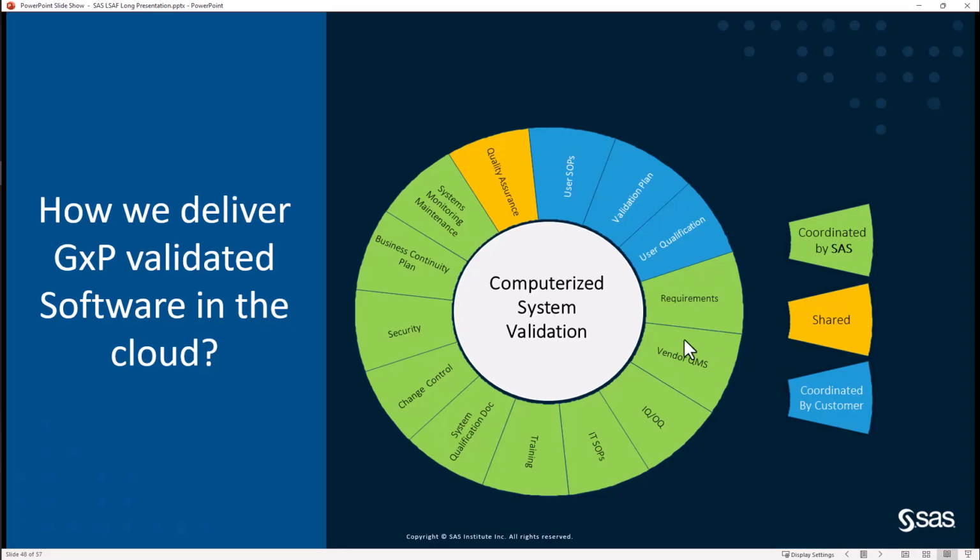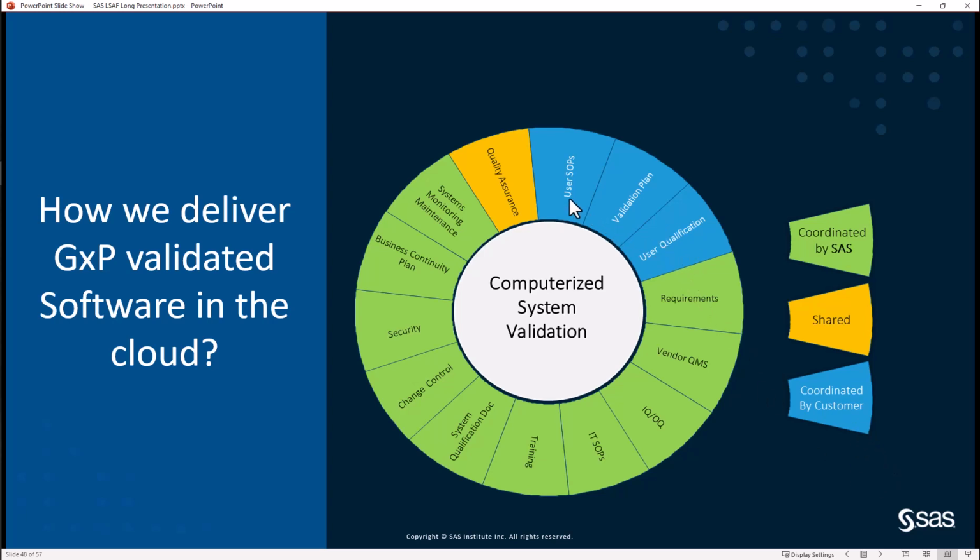So it's a proper system validation process. When we validate the environment, anything in green will be done by SAS. There are a couple of quality assurance items that we work on with you, and we will train you on the user SOPs, the validation plan, and user qualification, because we have done this for a lot of other customers. So we will help you with exactly what our expectation is.